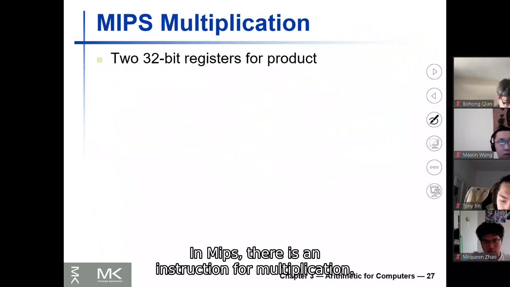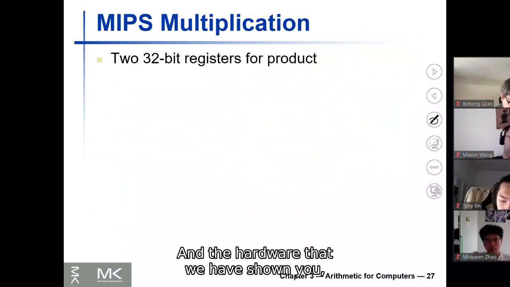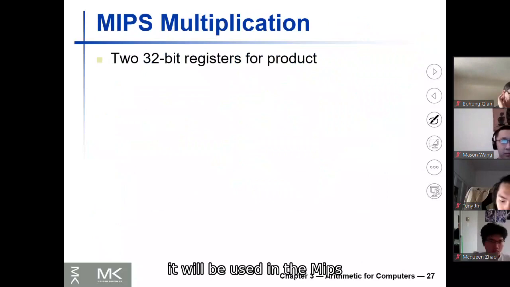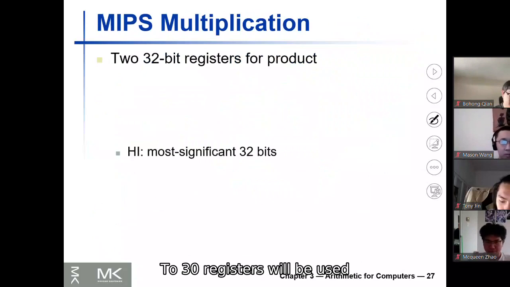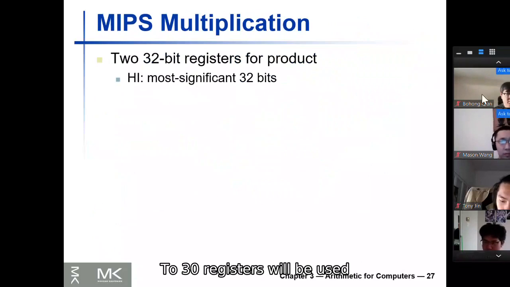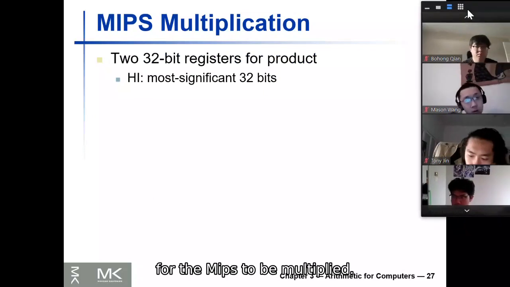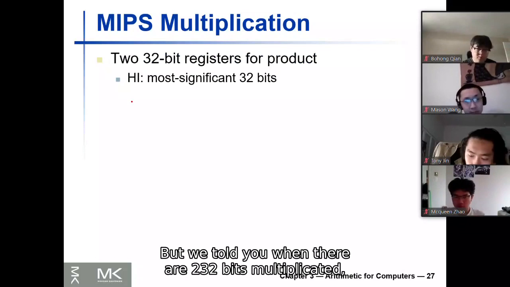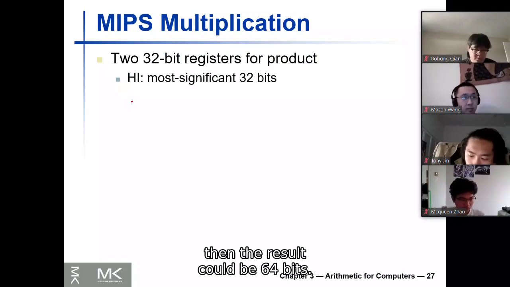In MIPS, there is an instruction for multiplication. And so the hardware that we have shown you will be used in MIPS to calculate the multiplication. So 2 32-bit registers will be used in MIPS to be multiplied, but we told you when 2 32-bit numbers are multiplied, the result could be 64 bits.